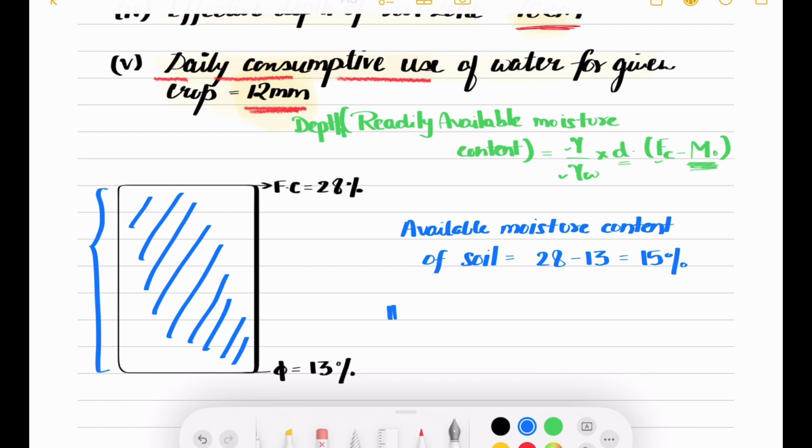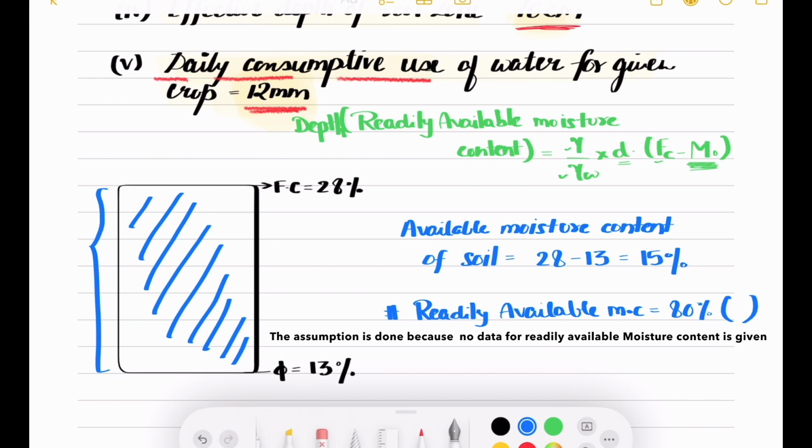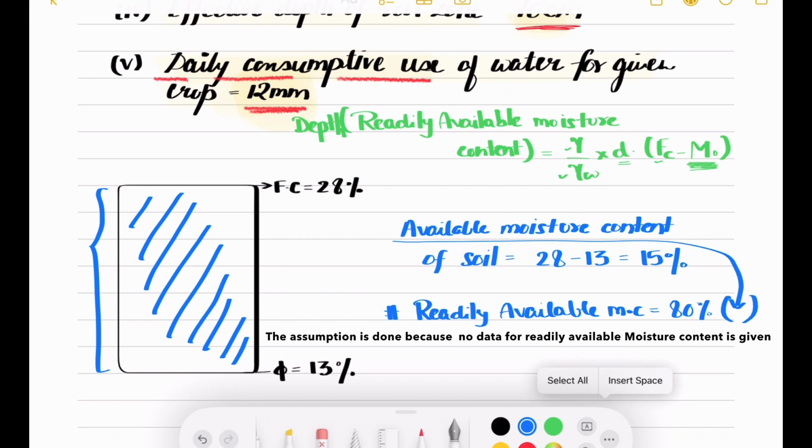And we know that the readily available moisture content of soil is 80% of the available moisture content of the soil. Since we are not given the value, we will assume the standard data that the readily available moisture content is 80% of the available moisture content.